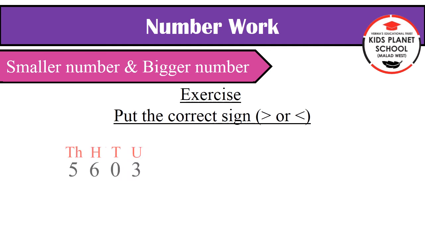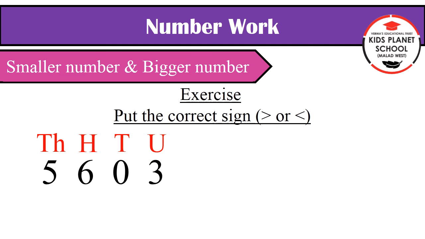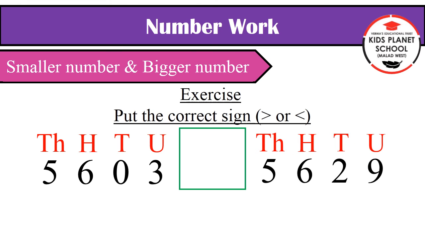Next, 5,603 box 5,629. Children, both the numbers are 4-digit number. To identify which is the bigger number, we'll compare the digits which are at the thousands place in both the numbers.